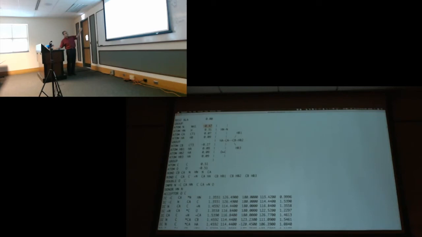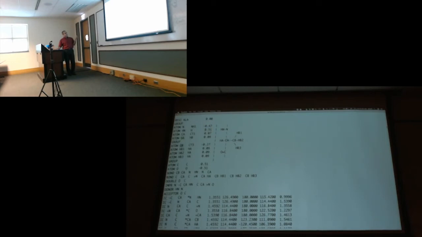Okay, nitrogen is there. HN is the hydrogen connected to the nitrogen, has an atom type H. It's a polar hydrogen and has a charge of 0.31. And this goes on and on. C alpha, hydrogen connected to C alpha.